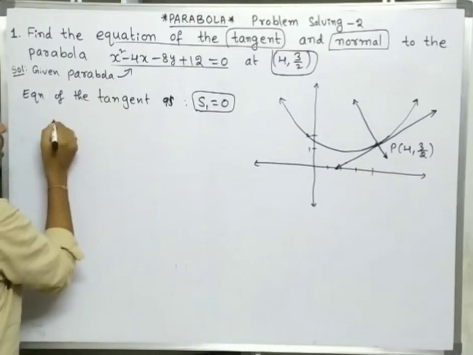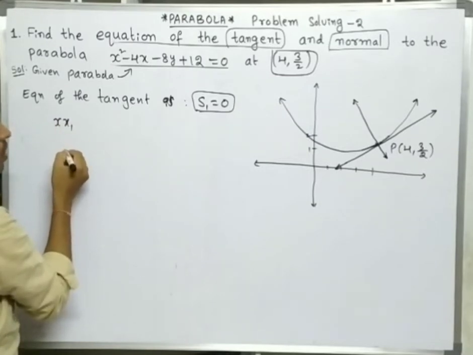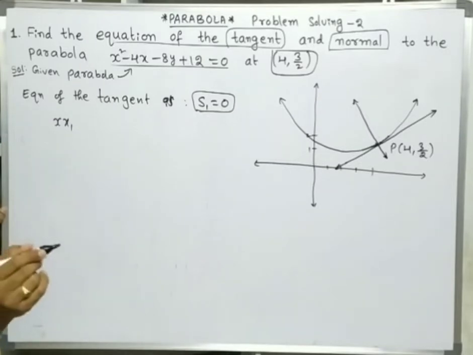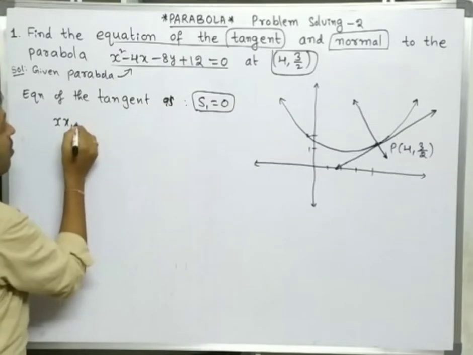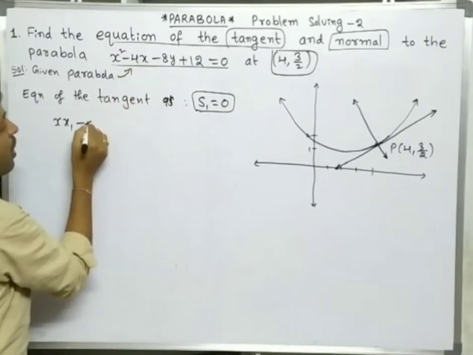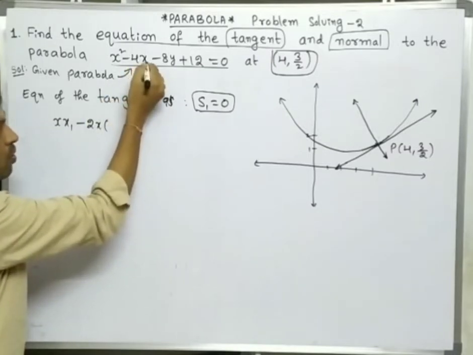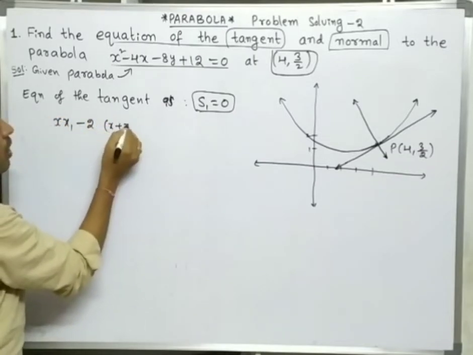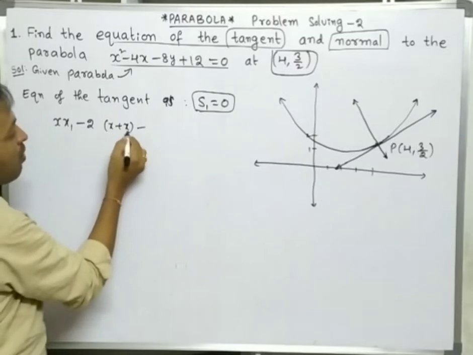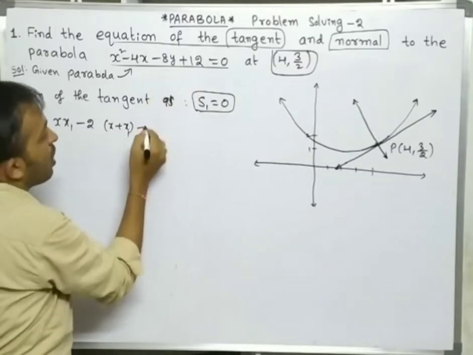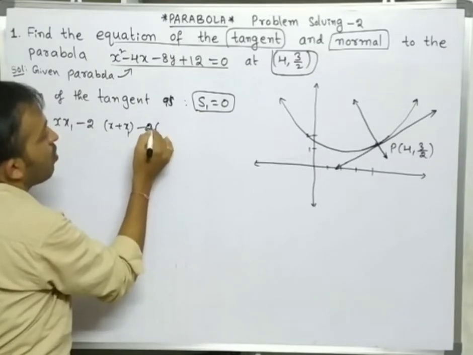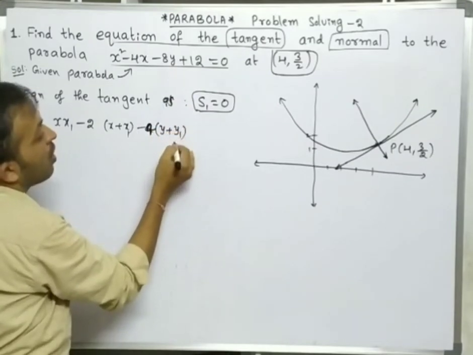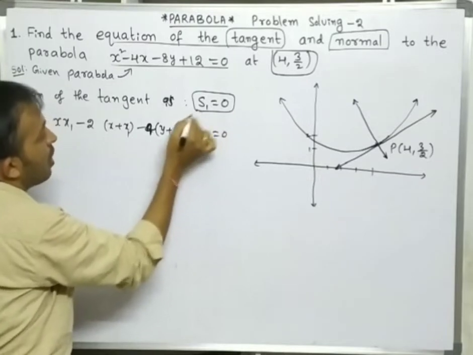Like the circle equation, x x1 plus y y1 plus g into x plus x1 and so on. Here we have 4x, so we write 2 into 2x, and 2x means 2 into x plus x1, so x plus x becomes x x1. Then 8y is 2 into 4y, that is minus 2 into 4 into 2y, and 2y can be written as y plus y1, so 1y becomes y y1, plus 12 is equal to 0. This is the notation of S1.